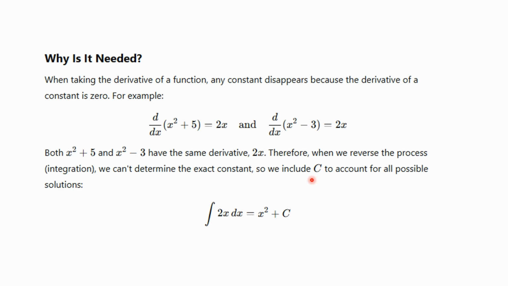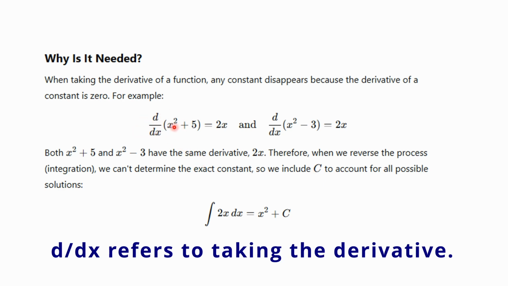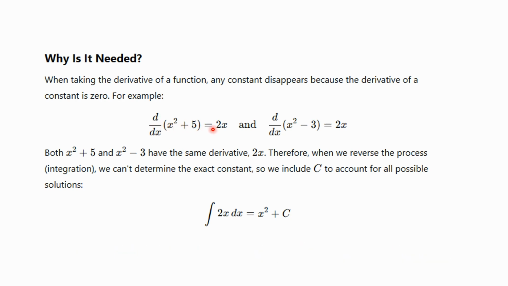So why is this constant c needed? Well, when you're taking the derivative of a function, any constant disappears because the derivative of a constant is 0. For example, if you look at this, d/dx of x squared plus 5, when you take the derivative, you end up with 2x.